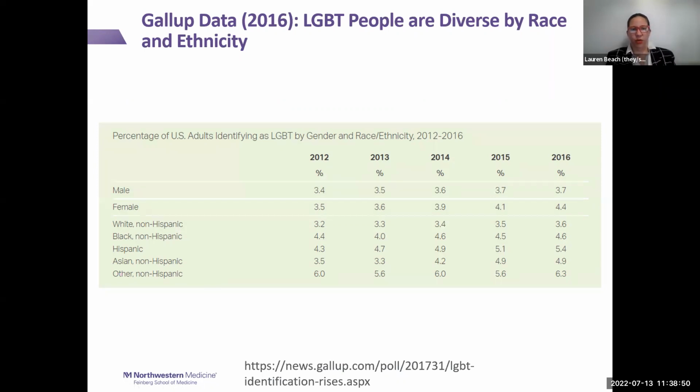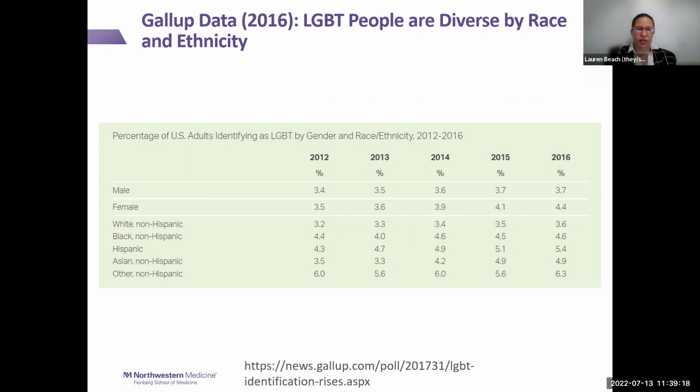But one trend I want to point out from the Gallup data is that white non-Hispanic people, across all years of the data that Gallup collected, are the least likely to identify as LGBT. More people of color, so Black non-Hispanic, Hispanic, Asian non-Hispanic, and other non-Hispanic individuals, are more likely to identify as LGBT in some way, shape, or form.